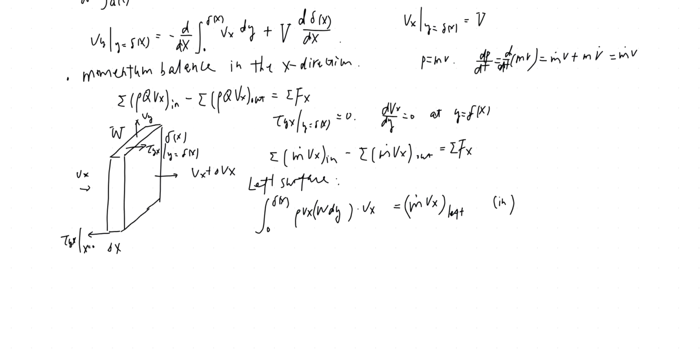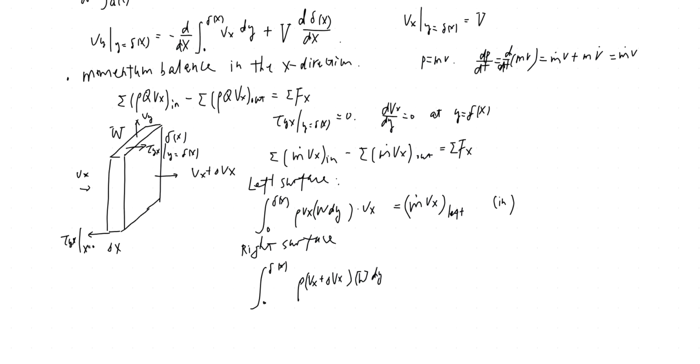Now we look at the right surface. The m dot part is rho, evaluated at x plus delta x, Vx plus delta Vx, multiplied by w dy. This is the area element.